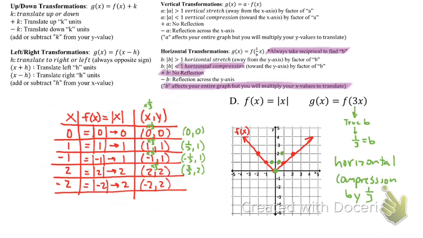So that's 2/3, 2, not quite to 1 yet. And then -2 times 1/3, and that gives me -2/3, 2, and that's going to give me this point here. Connect those dots, and what you'll notice is your graph got compressed inward from left to right, a horizontal compression.